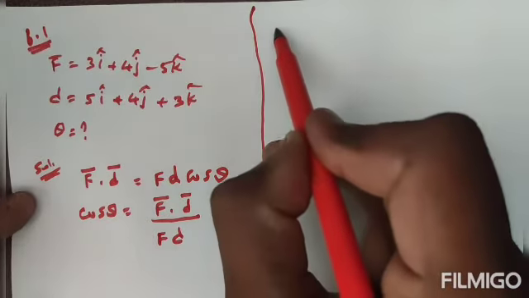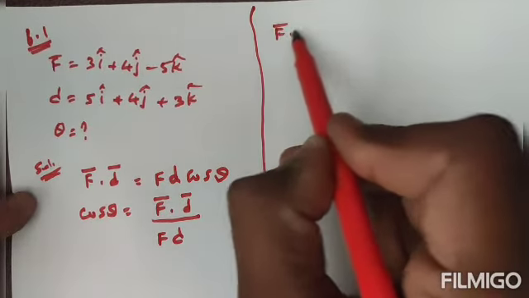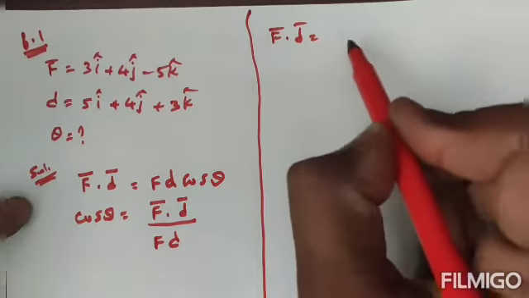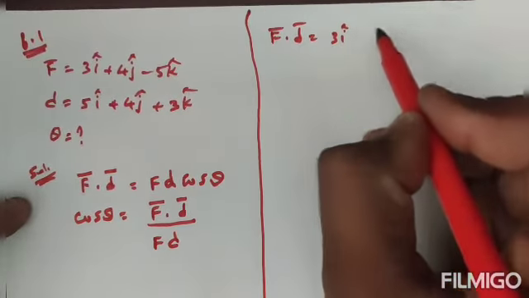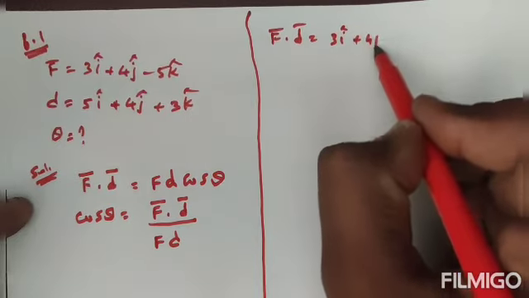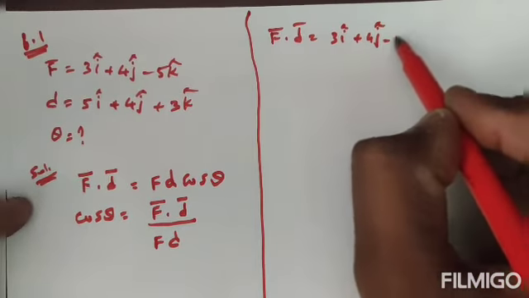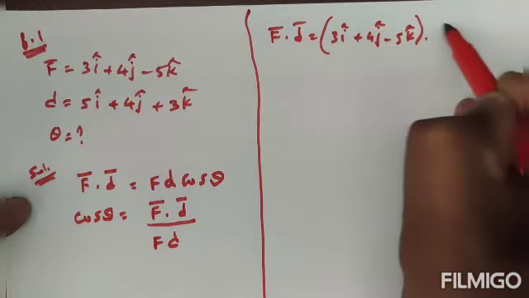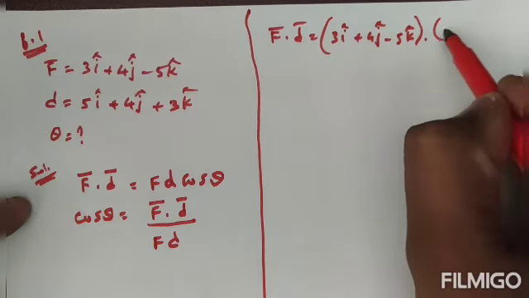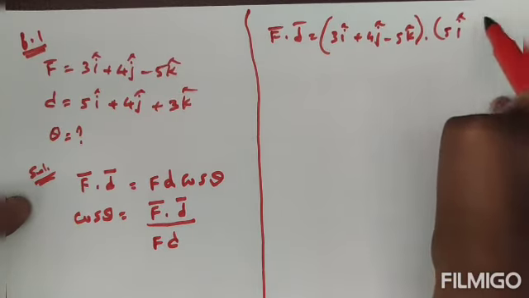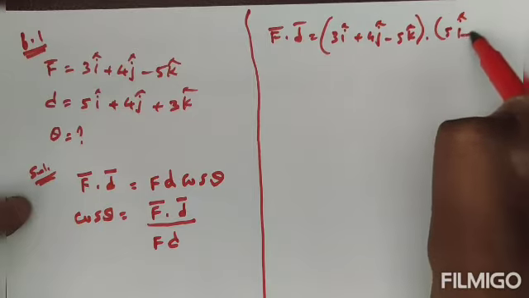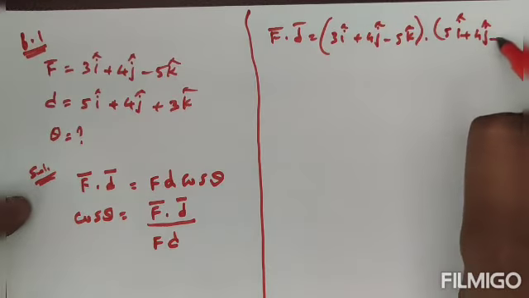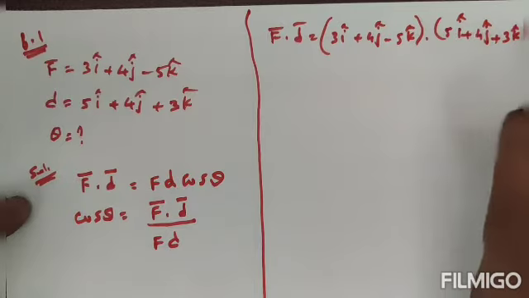First, F vector dot D vector: (3 î plus 4 ĵ minus 5 k̂) dot (5 î plus 4 ĵ plus 3 k̂).